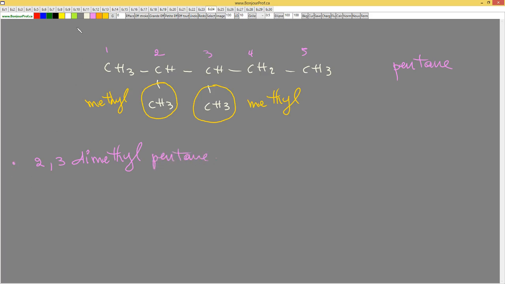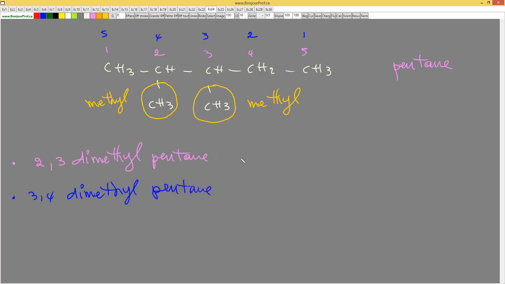I have this name here, but I can have another one. If I label from the other side, 1, 2, 3, 4, 5, now I have one methyl in position 3 and another in position 4. Now it will be 3,4-dimethylpentane. Only the numbering changes.